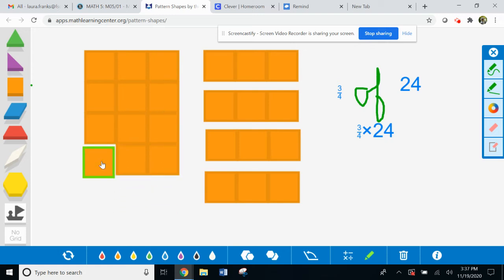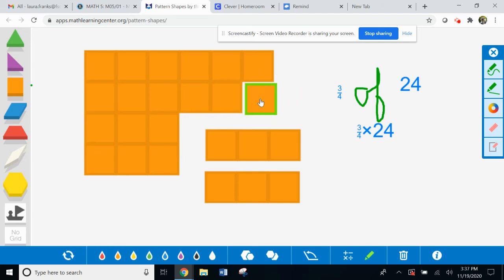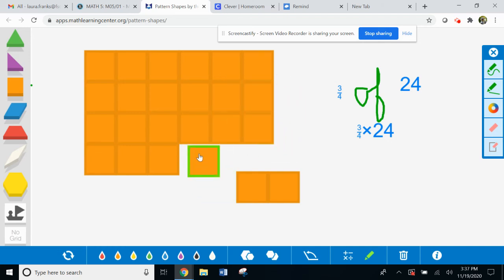So I could put my array back into my groups of 4 because my bottom number is a 4. That tells me how many groups I should have. My top number is telling me how many of those groups that I'm worried about. So I'm going to put this back into groups of 4. 1, 2, 3, 4, because I have 4 rows. And it says here that I should be looking at 3 of those.